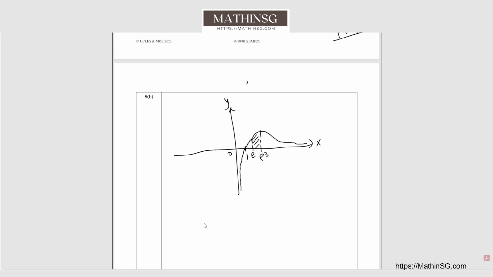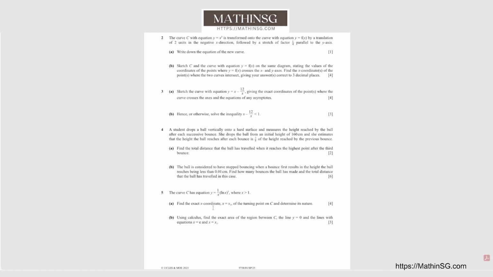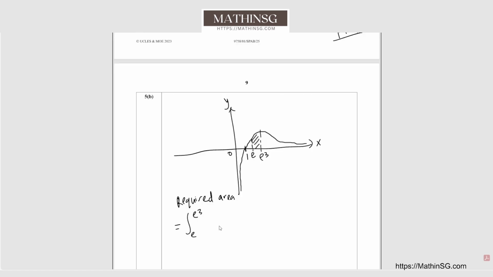So what I'm going to do is find the required area, which equals the integral from e to e cubed of (1 over x)(ln x)^3 dx.